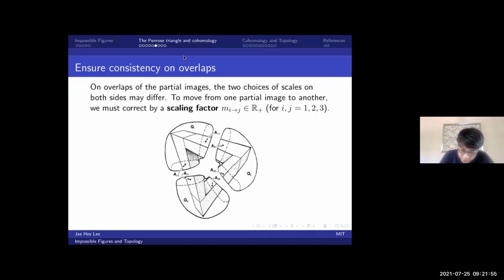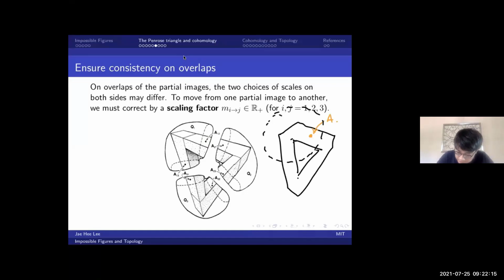Maybe I'll draw that. So you have a certain point, say A, in the original picture. And now I've partitioned our figure into three pieces, like this. And these partial images have certain overlaps, which I'll denote by this green color.